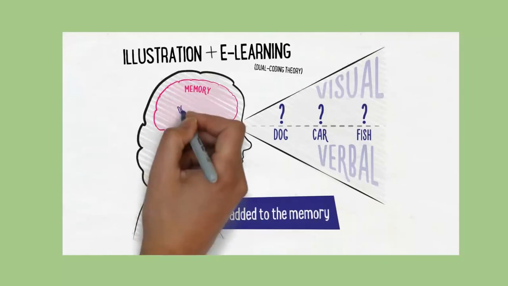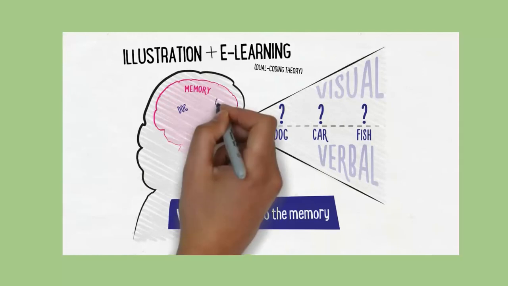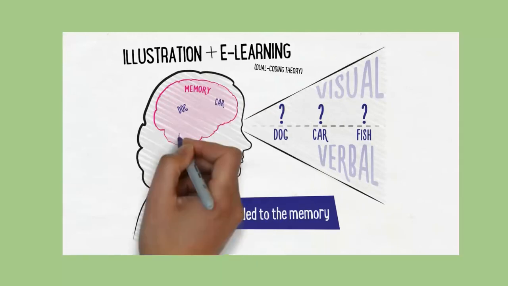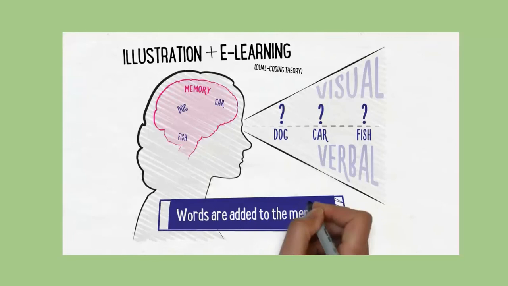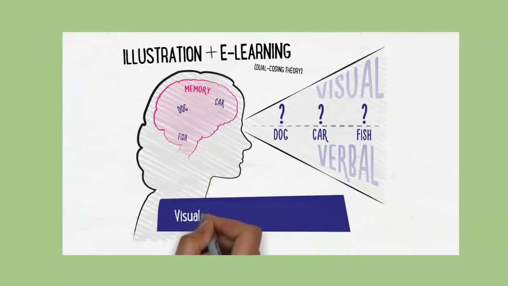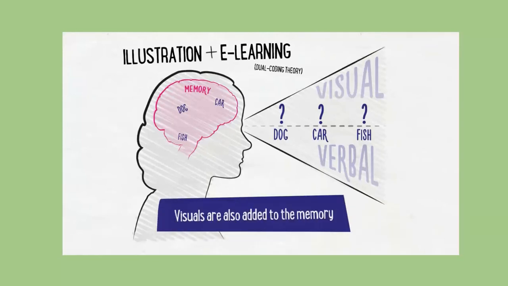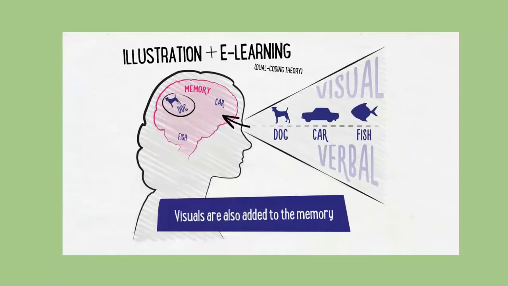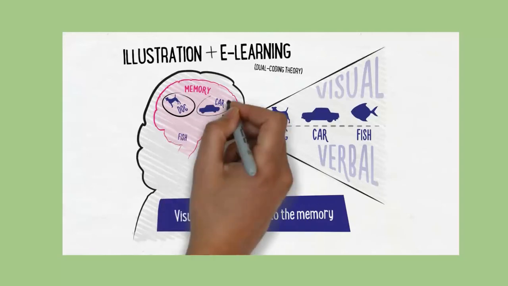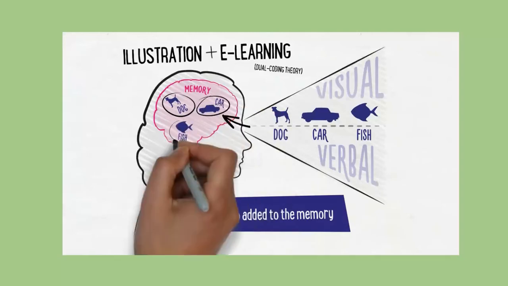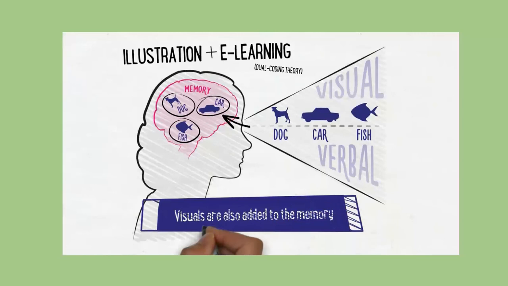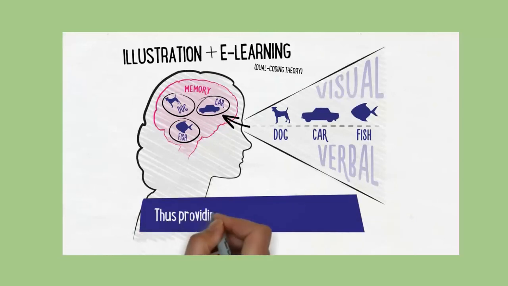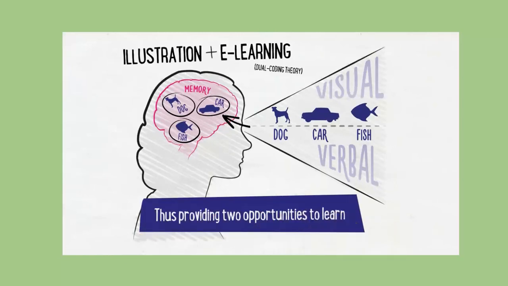The verbal code writes these words to the memory. Next, we'll show our learner some visuals that correspond to the words they've just learned. These visuals are also digested and written to the memory. The result is that our learner has been given two opportunities to learn the information, making them twice as likely to remember what they've been taught.